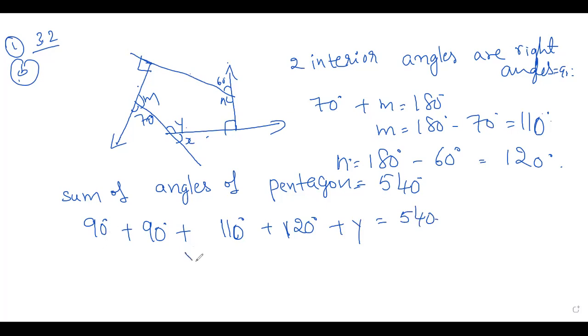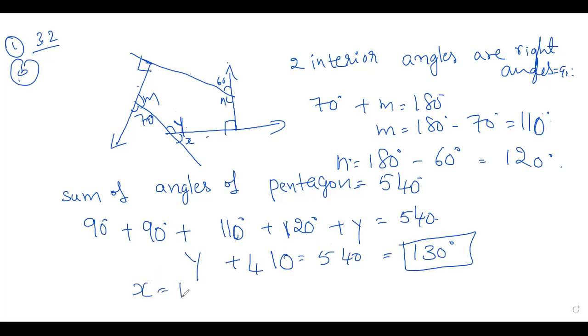Now y plus the sum of all the angles, 410, is equal to 540, that is equal to 540 minus 410, it is 130. So angle y is 130. Then x is equal to 180 minus y, right children? 180 minus 130, that is equal to 50 degree.